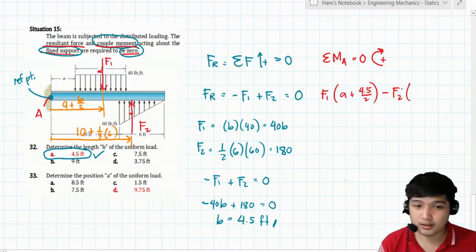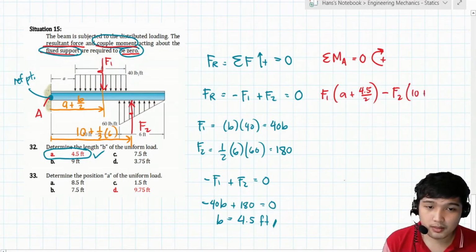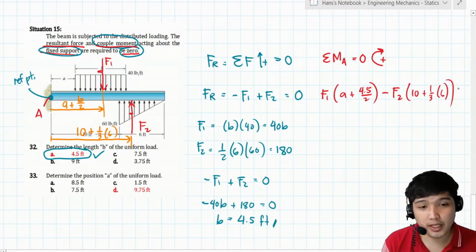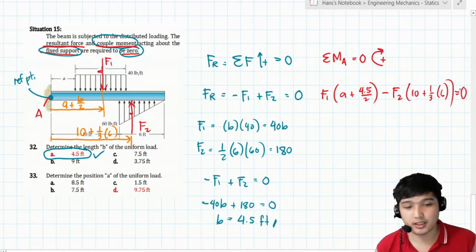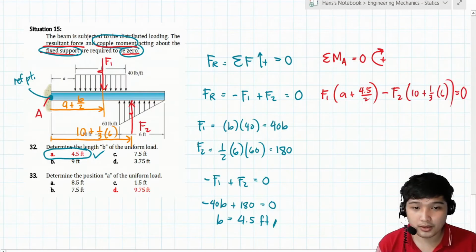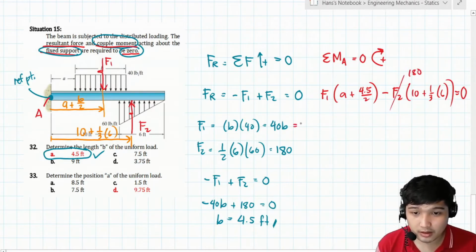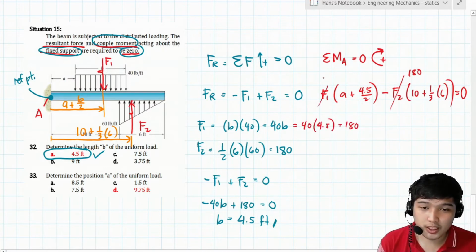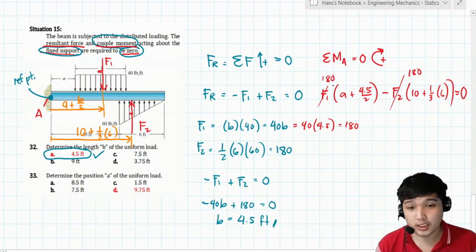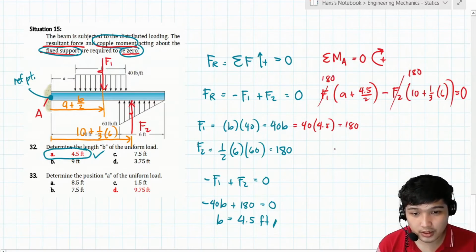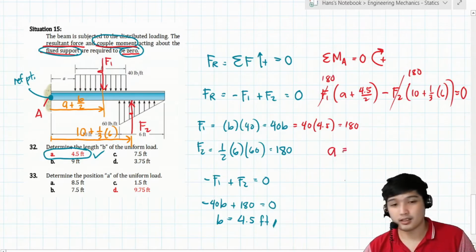And then yung moment arm is yung 10 plus 1/3 of 6. So, sabi yung combined moments nila is dapat magsi-0. So, we have the value na ng F2, di ba? Yung F2 is 180. And itong F1, so makukuha naman natin yan dito, edi 40 times 4.5. Ano lang din yan, class, 180. So, ito magiging 180. So, for this specific equation, the only unknown is letter A, and we can solve for that, and that is how much, class?